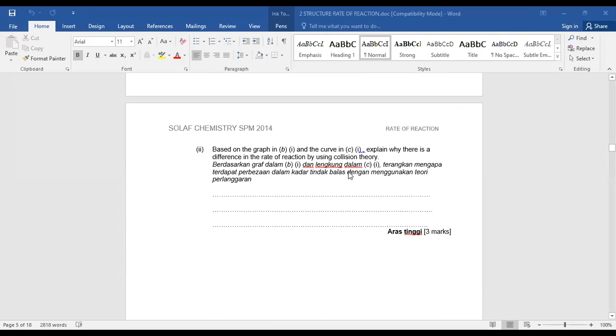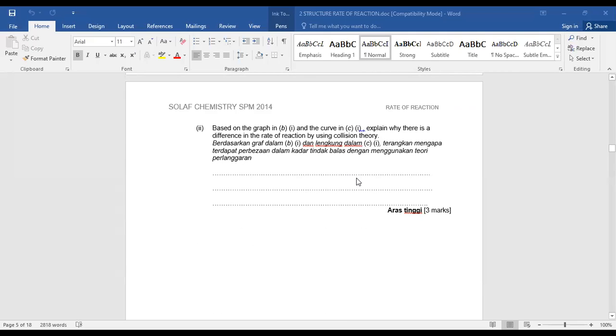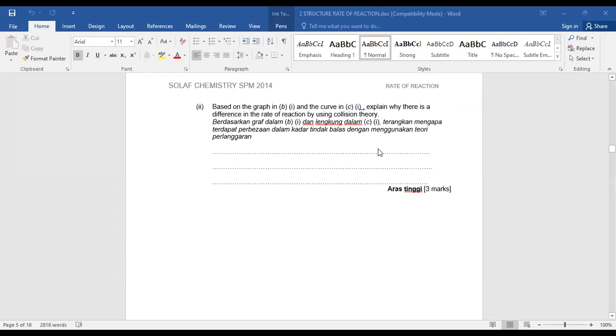Okay, now based on the graph in B1 and the curve in C1, explain why there is a difference in the rate of reaction by using collision theory. So just now we said it is changed to use the granulated calcium carbonate. So the rate of reaction when using granulated calcium carbonate is lower.